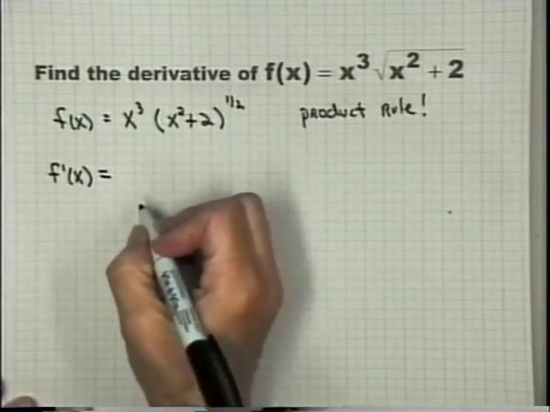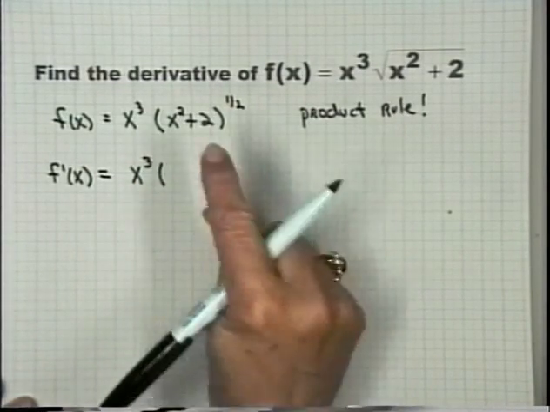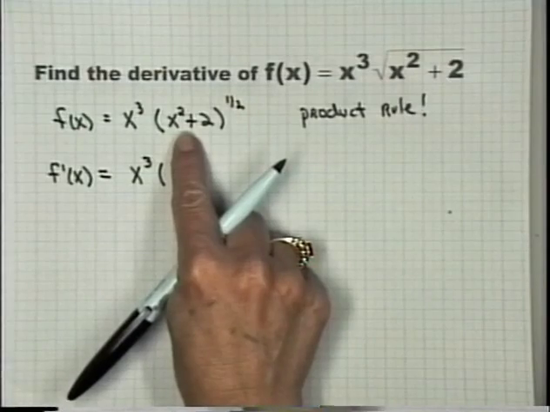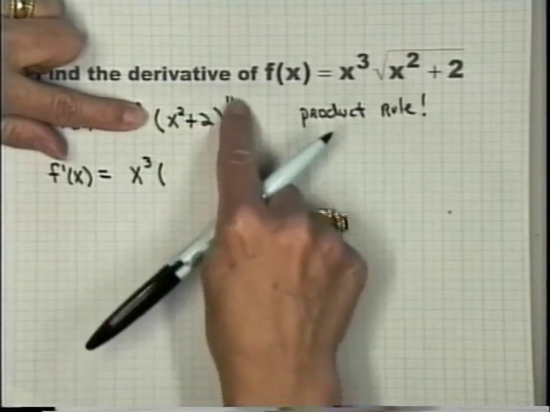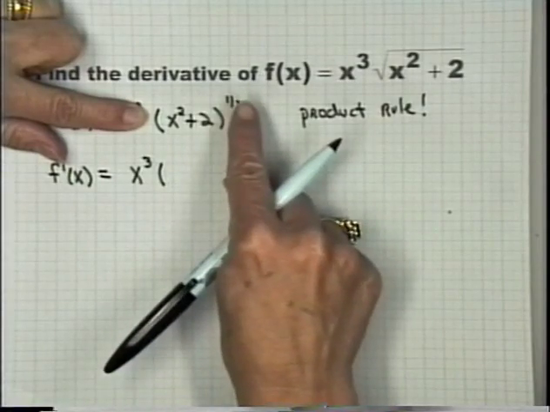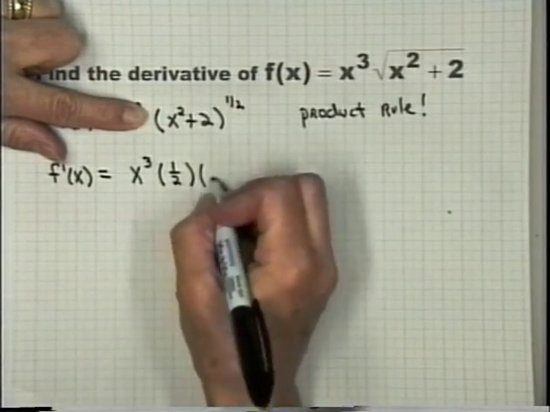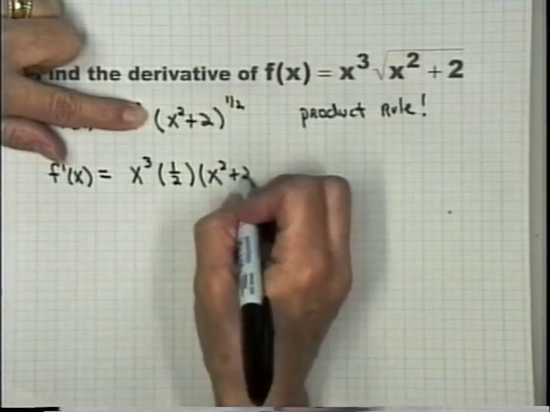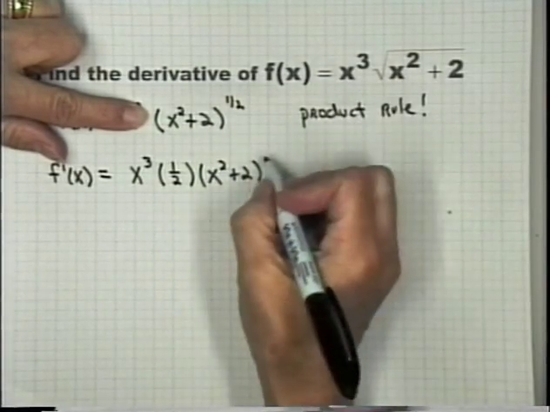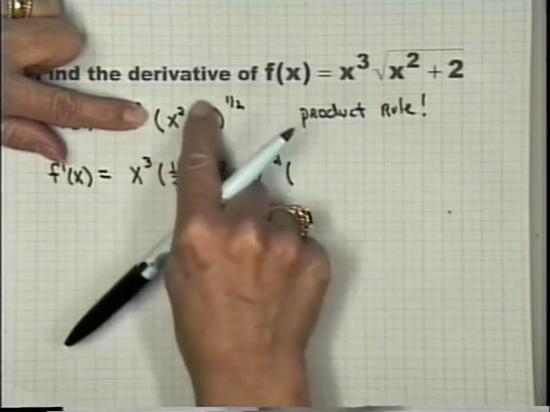My first function is x cubed times the derivative of my second function. Well, if you look at this second function, do you see that complicated power format? So power rule with chain rule. 1/2 comes down. X squared plus 2, we'll subtract 1 from that exponent and get a negative 1/2, and then we have to go inside.